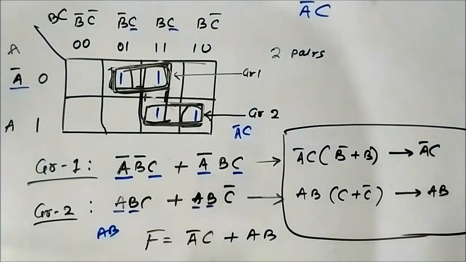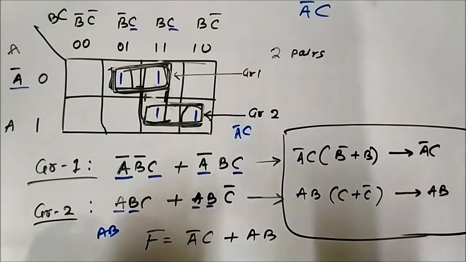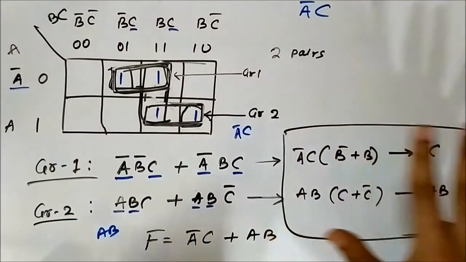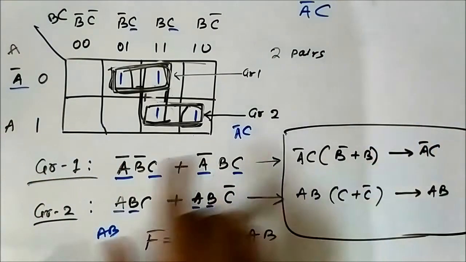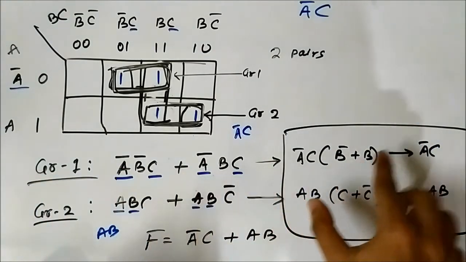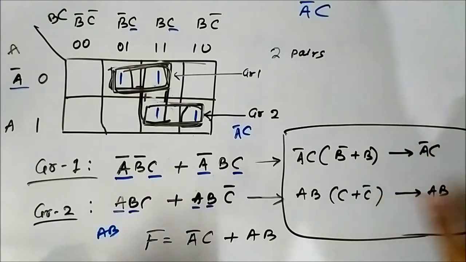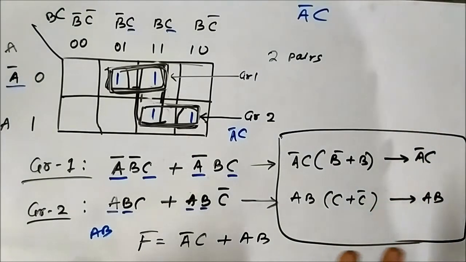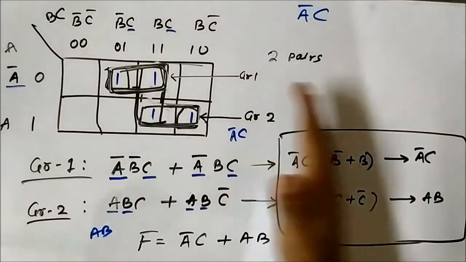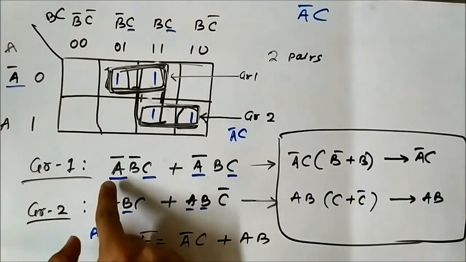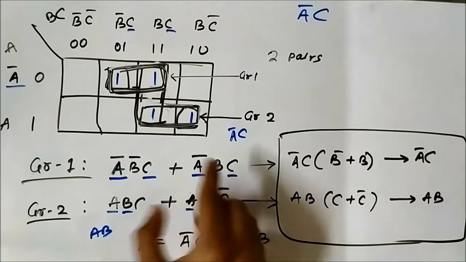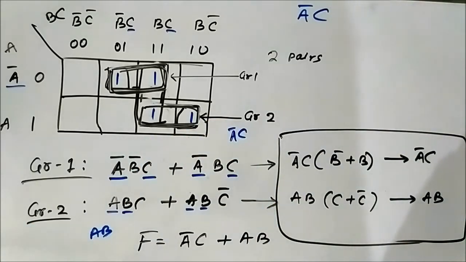But I recommend that when you practice the first 3 or 4 or 5 questions, go the conventional way: write the groups, do the Boolean simplification and find the common term. Then when you get acquainted with that step, without doing the Boolean simplification, just mark the common terms and find the common variables.